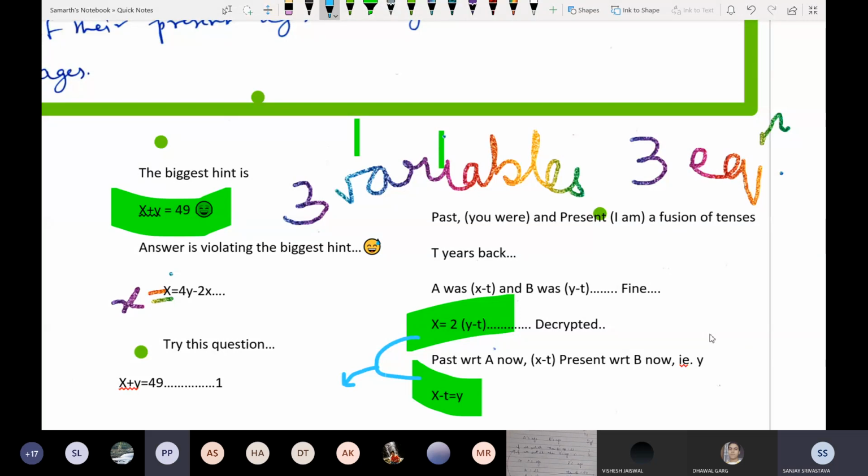A is 28 and 14 is the answer? No, 28 and 21. Yes. A's age and B's age.